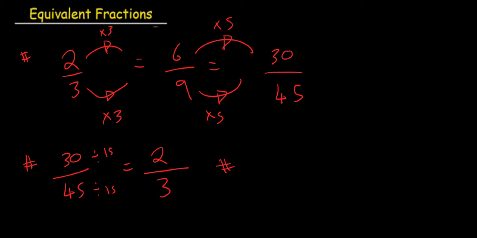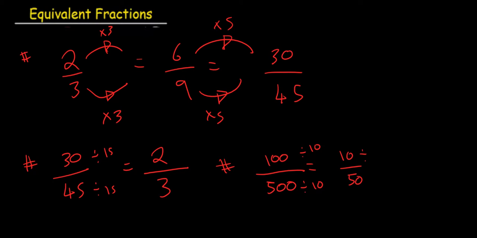We can look at maybe more complicated ones like 100 over 500. So we can divide by any factor into those, but they need to be the same. That's a really important point. They need to be the same. So if we divide by 10, we get 10 over 50.